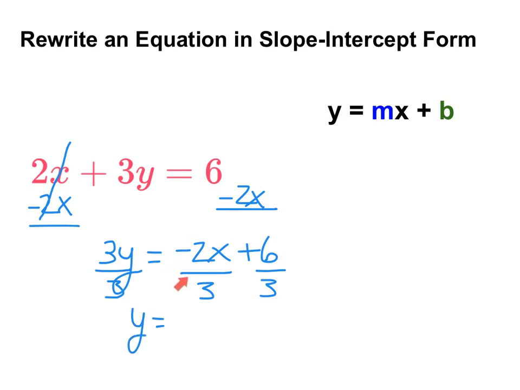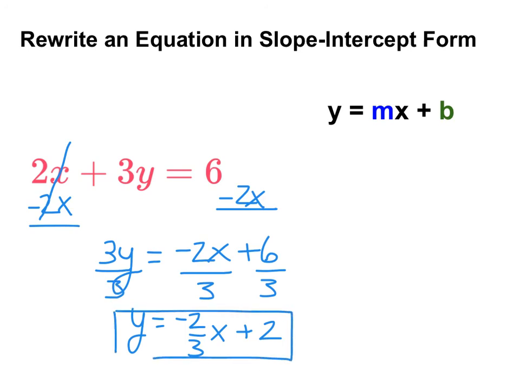And -2 divided by 3, that's in perfect form for a slope. We're actually going to just leave this as it is. So my slope is -2/3 x. And lastly, 6 divided by 3 is just 2. So I've simplified my equation down to its simplest form, and I'm left with the equation y is equal to -2/3 x plus 2, and I'm ready to graph.